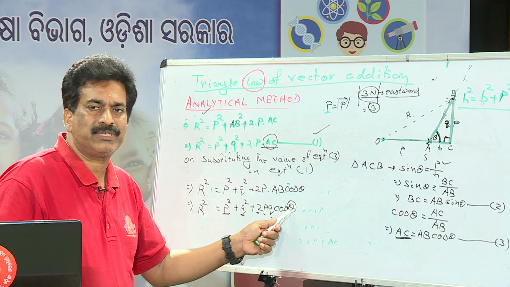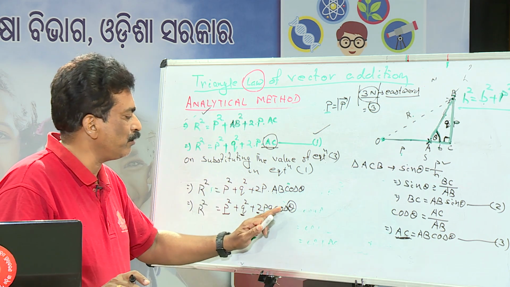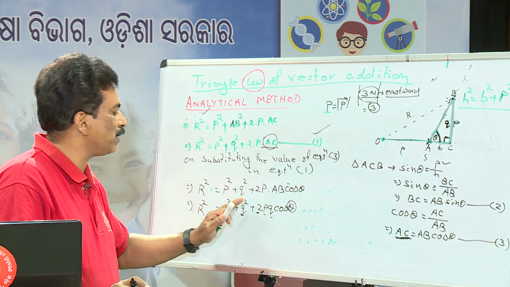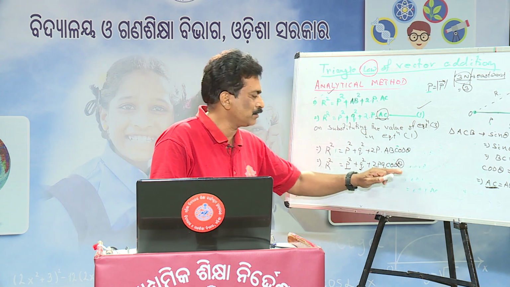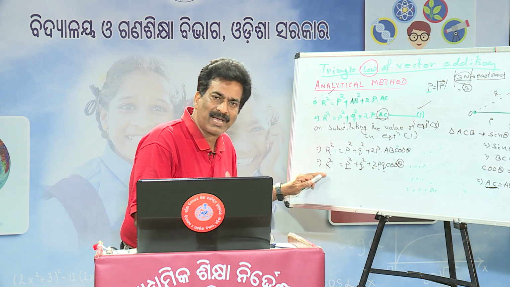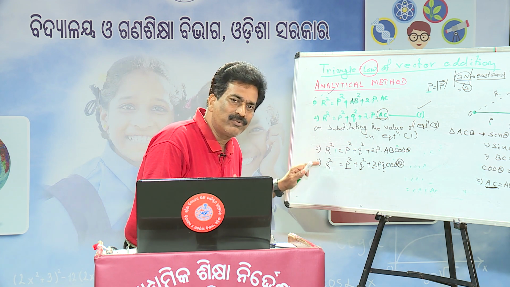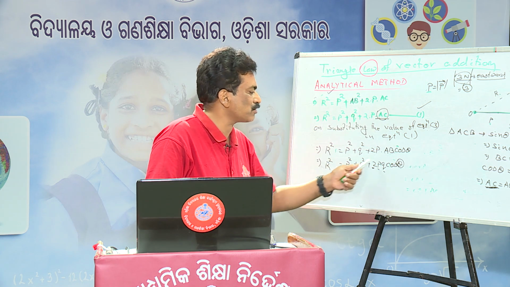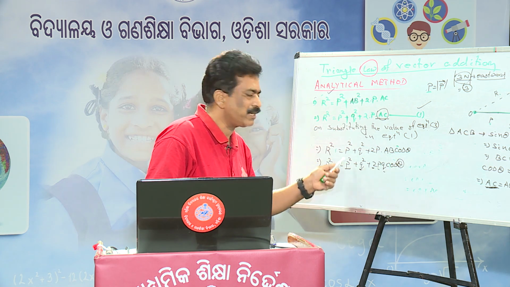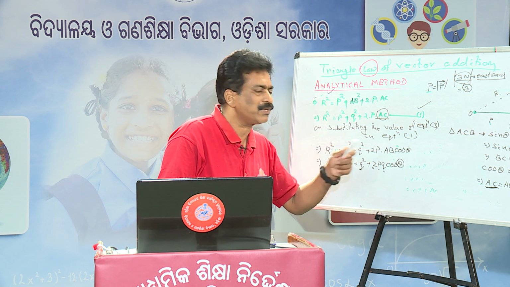So this cos theta is a value, Q is a value, so the right hand side is completely a value, and that value is R square. What is our aim? To find the resultant R. If R square is equal to that, then what is the value of R? It is the square root.